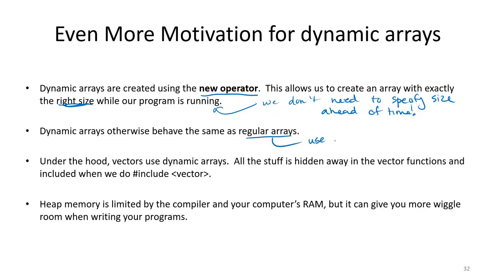We just use the name of the pointer which points to that array. So instead of using the name of our ordinary array, we access our dynamic array using the name of its pointer.